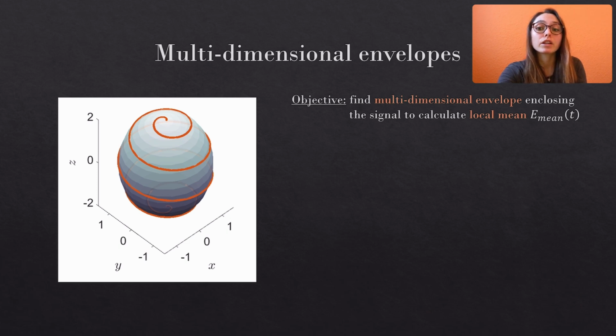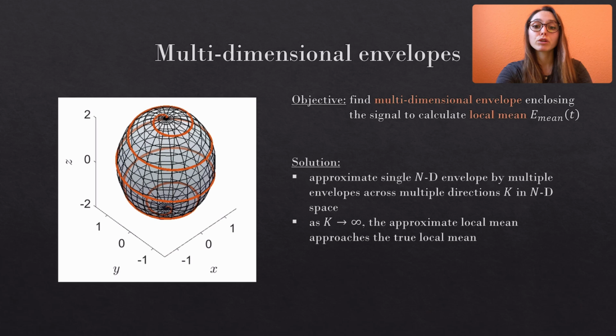So instead of calculating the complete envelope, we approximate it by discrete curves, which could look like these black lines here. We denote the total number of individual envelopes by capital K. If we calculate enough of these individual envelopes, their mean envelope approaches the true mean envelope of the three-dimensional enclosing structure.